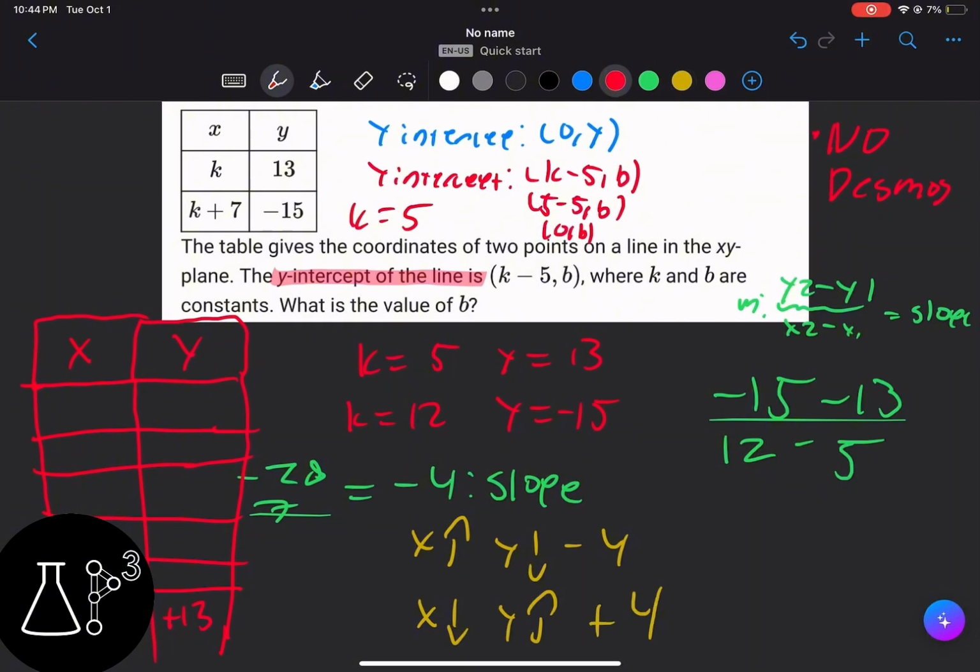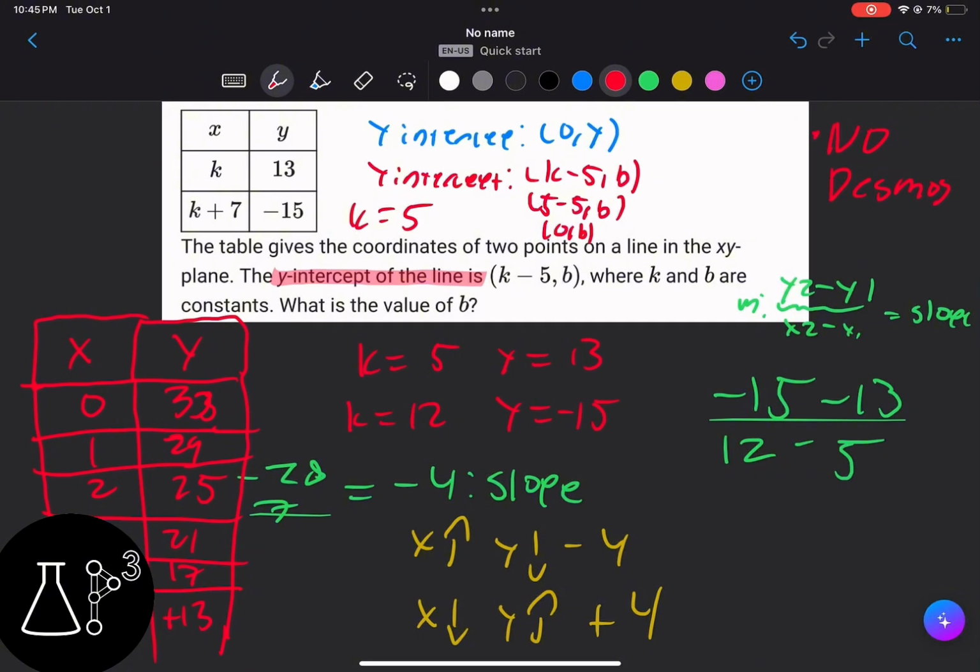So when x equals 4, the y value goes up by 4, so 17. When x equals 3, the y value is 21. When x equals 2, the y value equals 25. When x equals 1, the y value equals positive 29. And when x equals 0, y equals 33. All I did was understand that the slope is -4 when x increases by 1. So when x decreases by 1, it's the opposite. It goes up by 4.